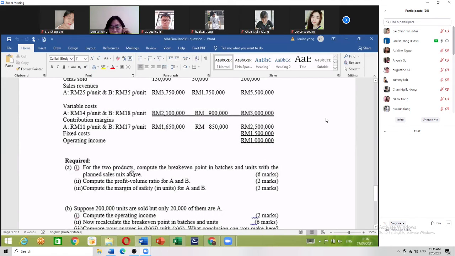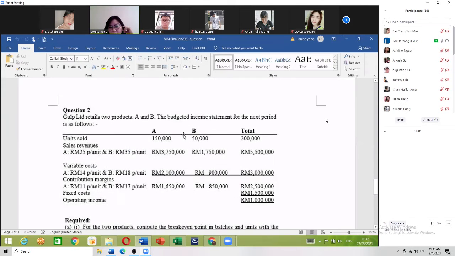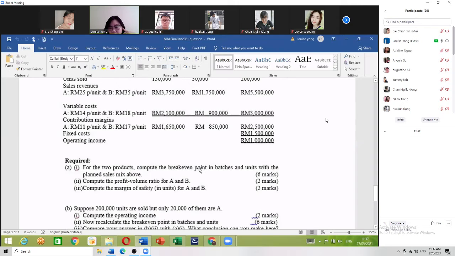Require A number 1. From the two products, compute the break-even point in batches and in units with the planned sales mix above. So the planned sales mix here will be 3 to 1. 你卖3个 A, 你卖1个 B, 3 to 1. 它的 break-even point in batches in units 是多少. Number 2 here, compute your PV ratio for A and B. A 跟 B 的 PV ratio 是多少.